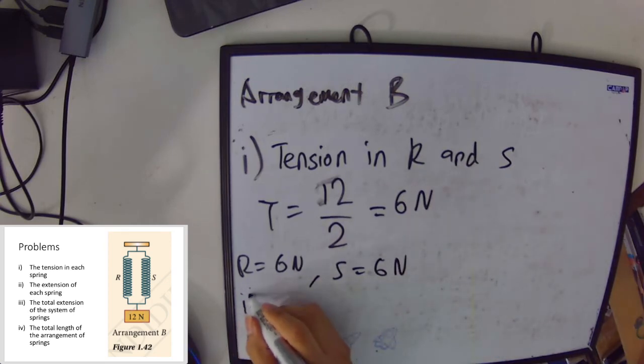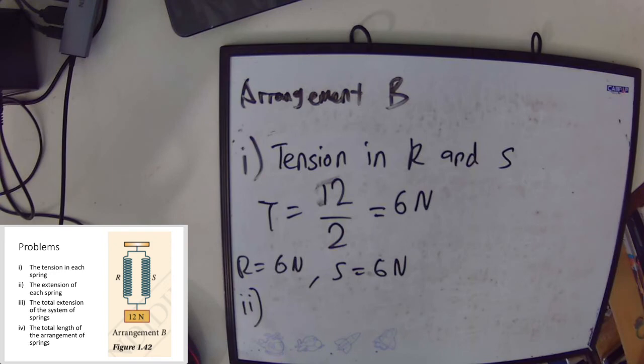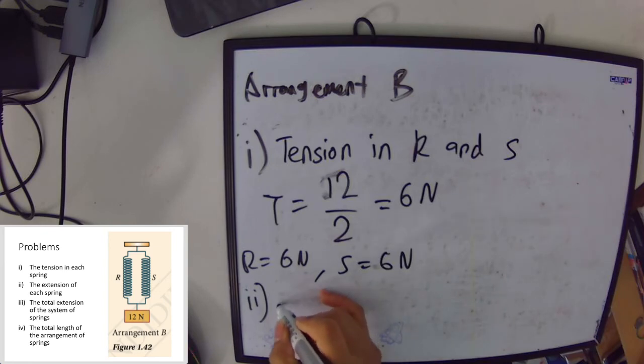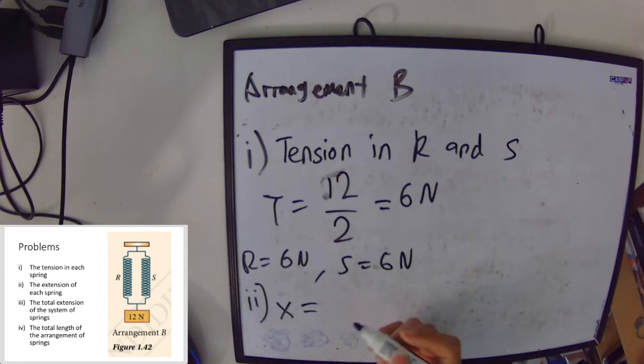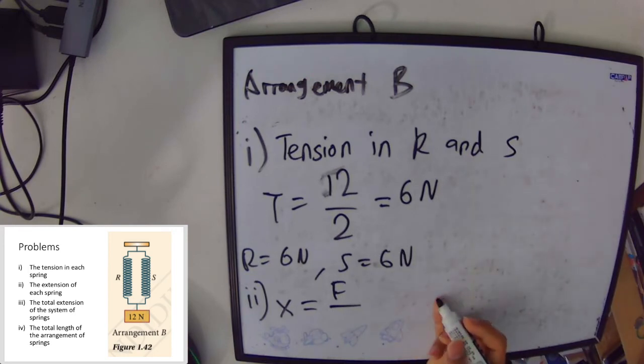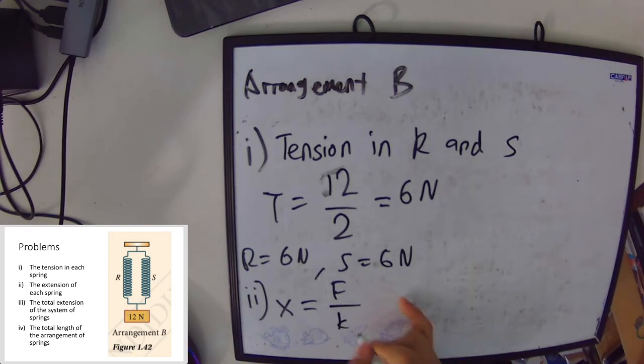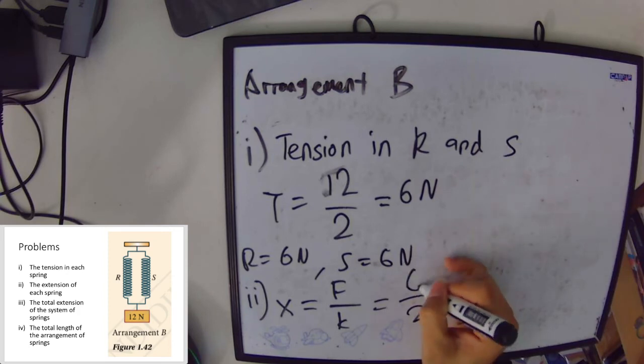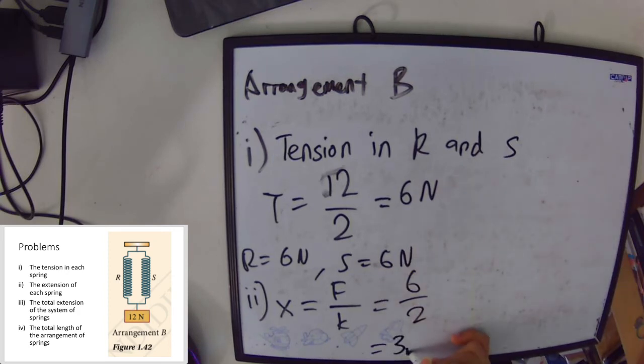Alright, so number 2, extension of each spring. Now we can just calculate the extension of one spring. So x, the extension, is force divided by the spring constant. So spring constant is 2, force is 6, so we have 3 millimeters.